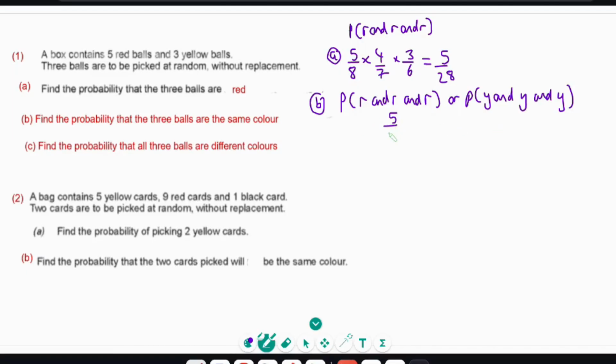Already worked that one out. So or yellow. 11 over 56.